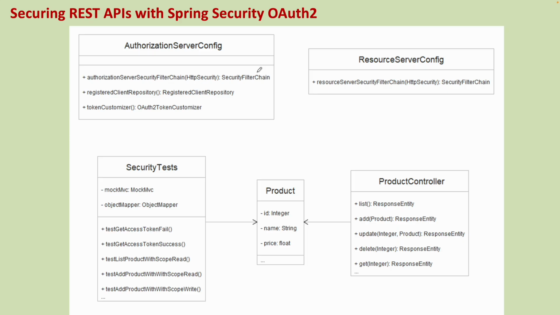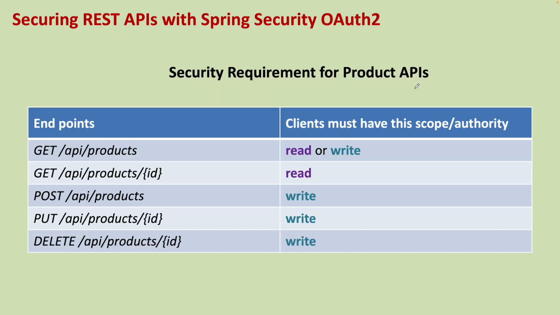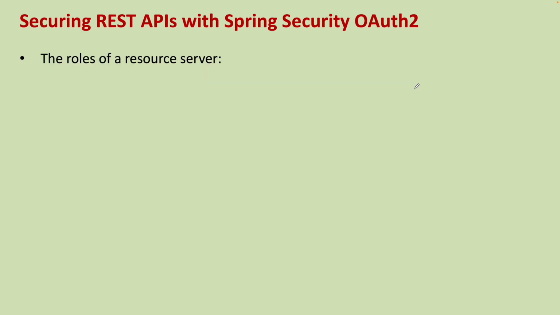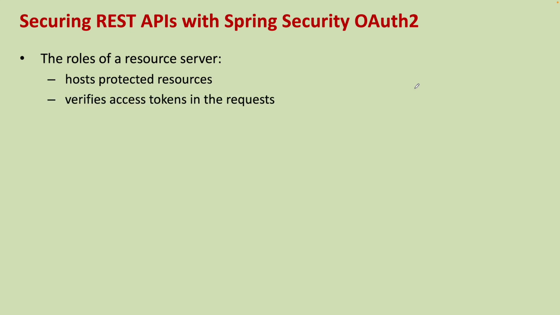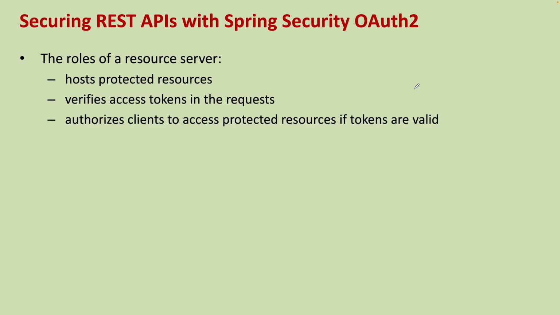And next we come to enable Spring Resource Server by creating a new configuration class, ResourceServerConfig, in order to implement security for the product APIs as per this table. And you know the roles of a resource server are: it hosts protected resources, verifies access tokens in the request, and authorizes the clients to access the protected resources if the tokens are valid.